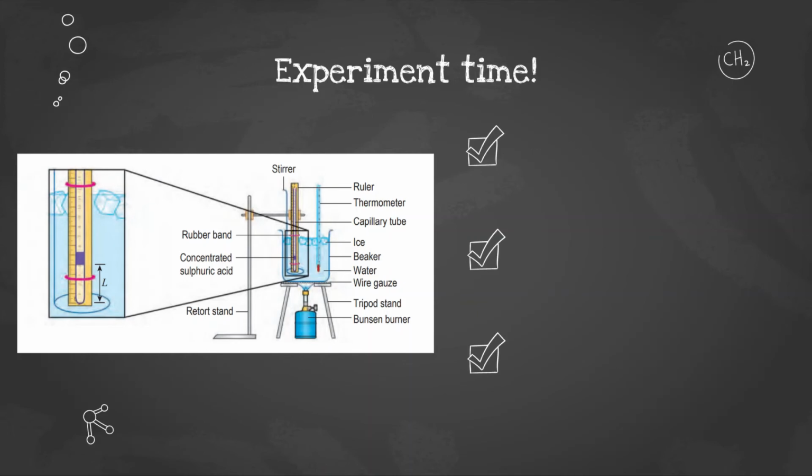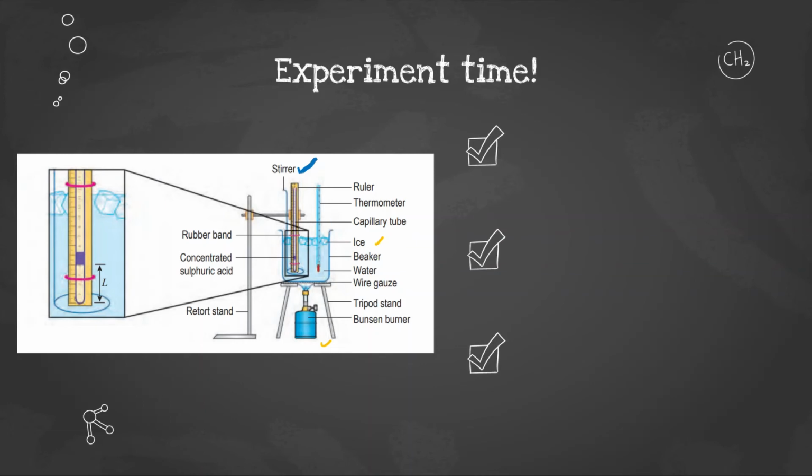Dia lebih complicated daripada Boyle's law because kita nak varykan dia punya temperature. So we have to have ice, we have to have this Bunsen burner to supply heat kan. And also kita kena ada satu indicator untuk volume lah.